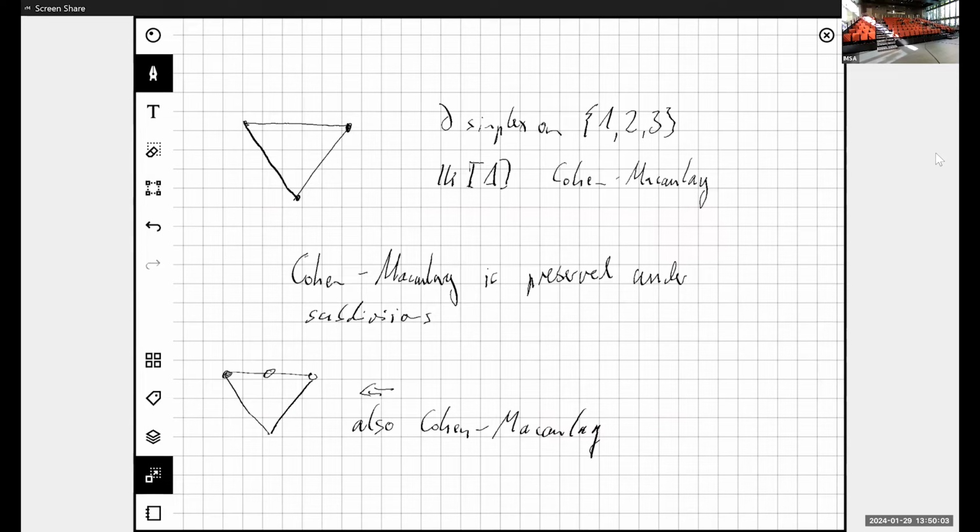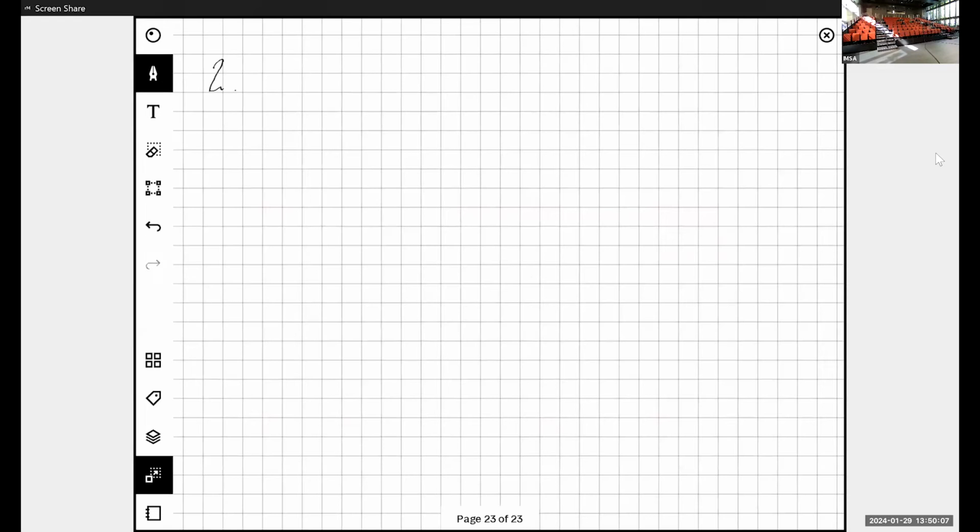This is the Reissner property. Okay, so part 2, Reissner theorem, and the partition complex. Reissner theorem is a classical theorem in combinatorial commutative algebra.